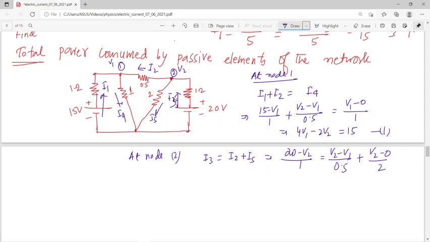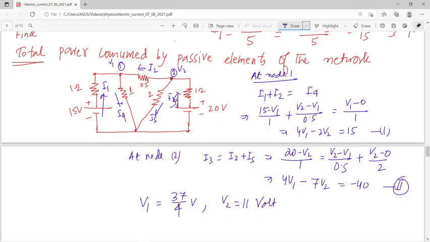If you solve it, we get another equation, 4V1 minus 7V2 minus 40. With two equations and two unknowns, you can easily find V1 and V2. V1 comes out 37 by 4, and V2 comes out 30. These are the two answers.